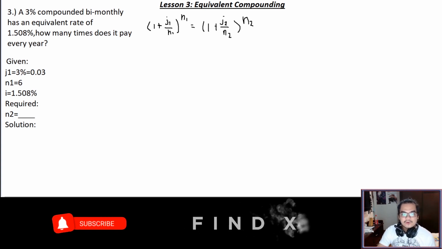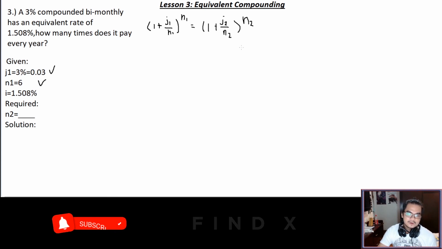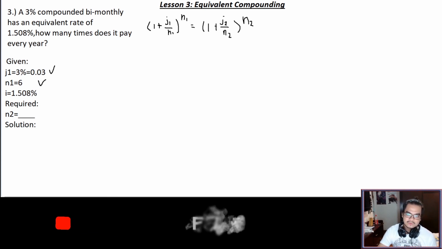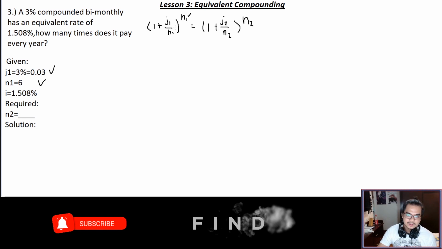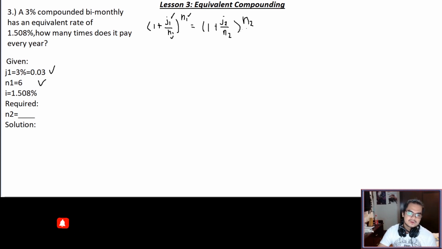Now, in our first given we already have J1 and N1, right? But for the second one we have J2 over N2. Therefore, we already have values for N1 and I1, but we don't have J2 and N2, right?